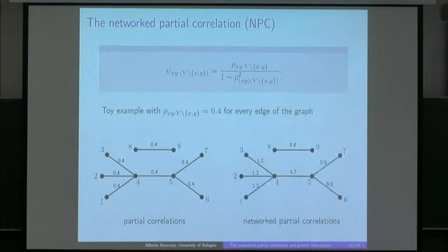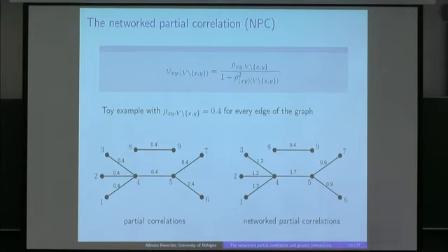If we now compute the network partial correlation, since we start from identical partial correlations, we see that, for instance, this edge and this edge have the same value because this is disconnected from the graph, but the others are not, they are larger and they are inflated, and the value of the network partial correlation here depends on the number of connections of the edge with the others. So, for instance, here there is a 1.7, and it's the largest value because it is the most connected edge.